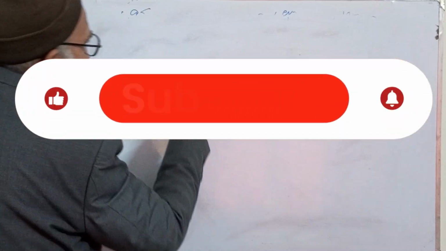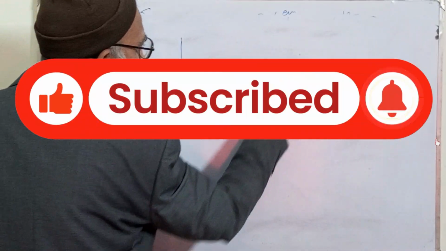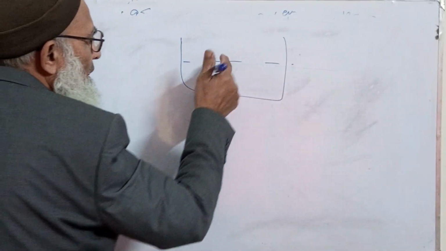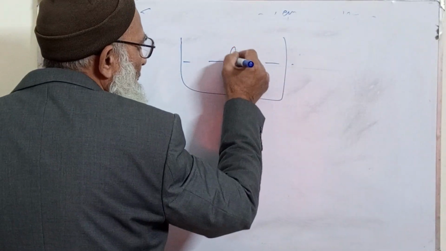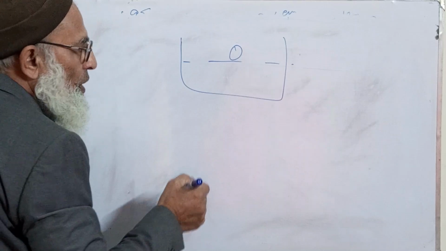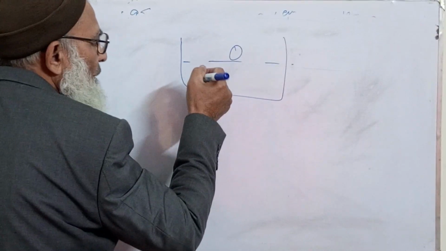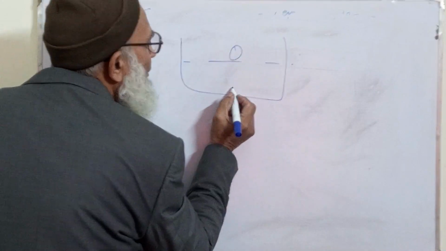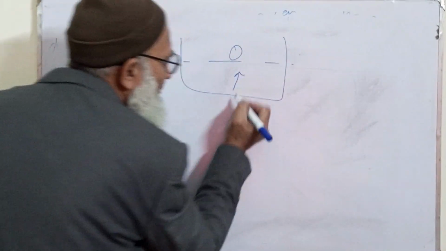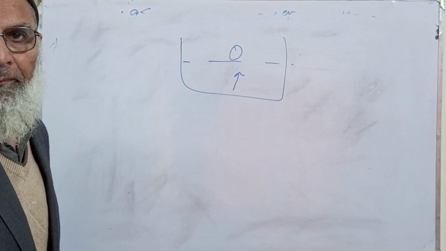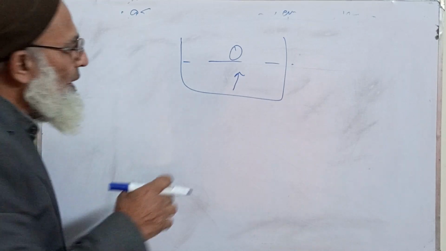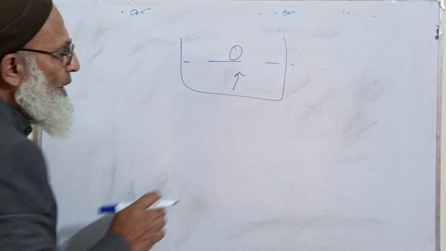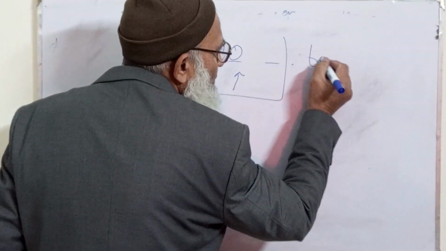Because when you put anything in this tub filled with water, for example this block or this sphere, any object, when it goes down, an equal and opposite reaction will occur to push it back. Okay. Now this is called the buoyancy.